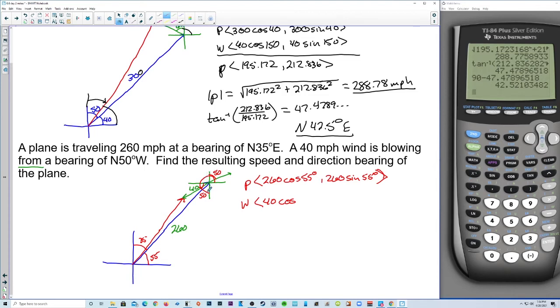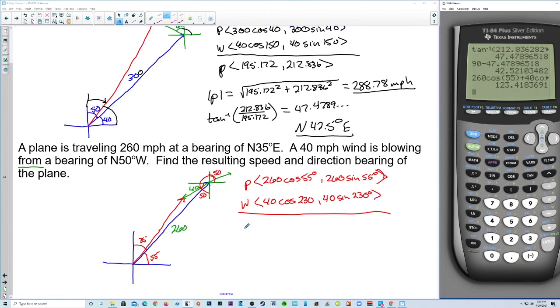So the wind is 230 degrees, and 40 sine of 230 degrees. So let's get the resulting vector. We have 260 cosine of 55 plus 40 cosine of 230.